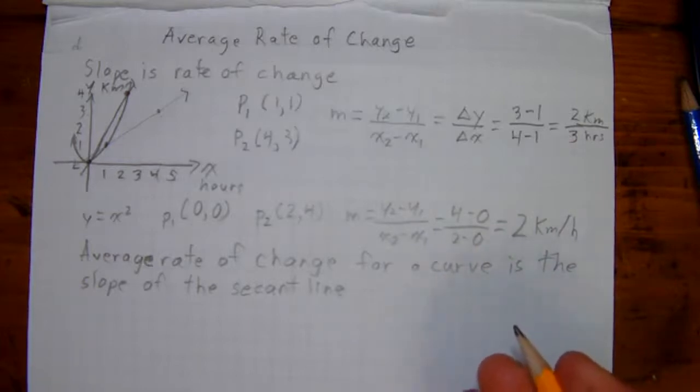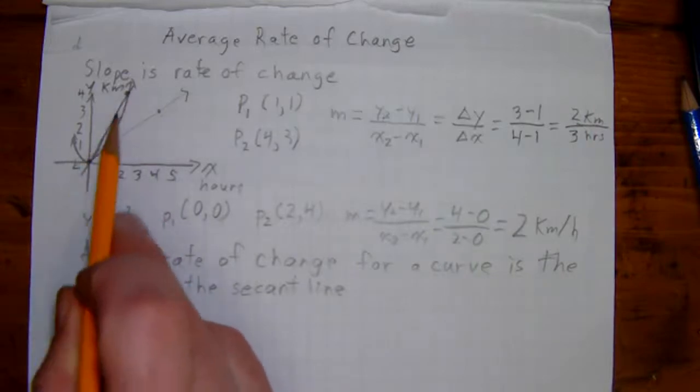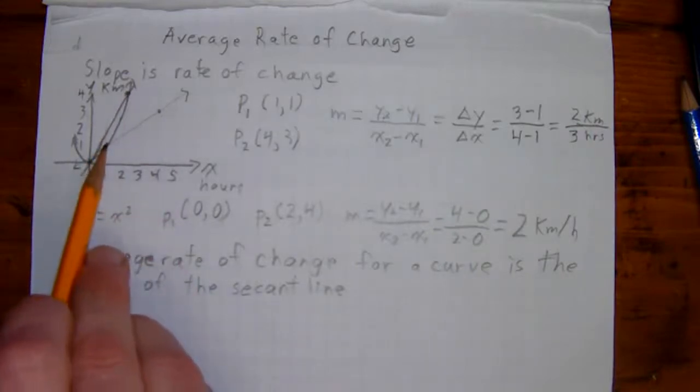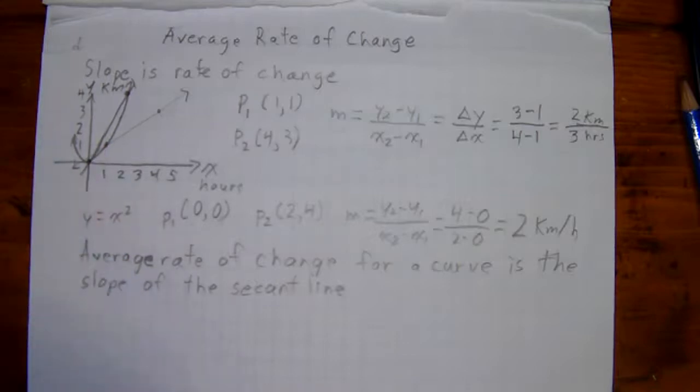But what if we want to know the exact rate of change at a specific point on the curve? Like, if this is my distance-time relationship and I'm at exactly 1 hour, how fast am I walking at that precise moment? For a long time, people didn't have any ideas about how to do this.